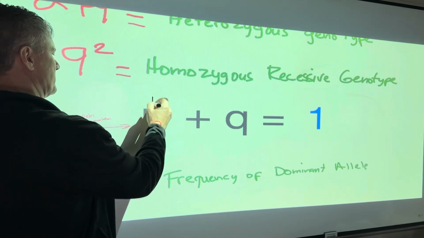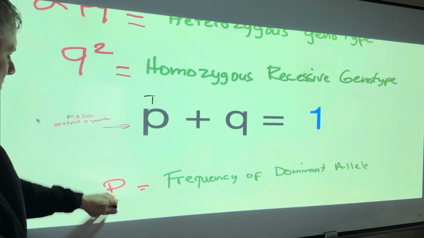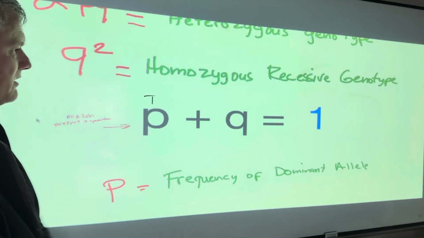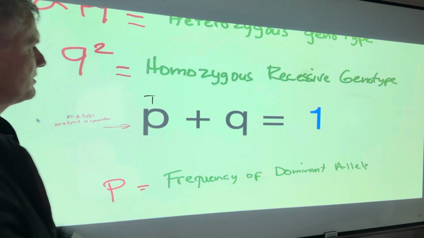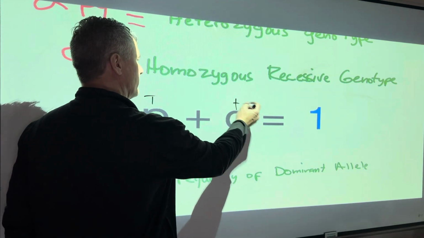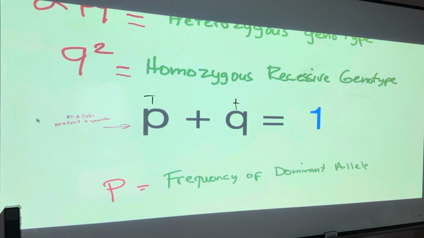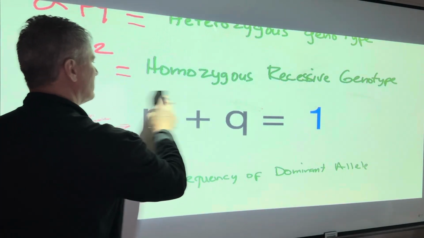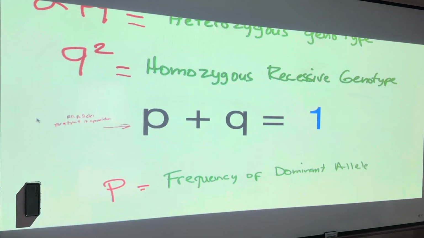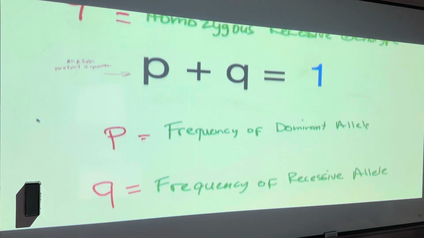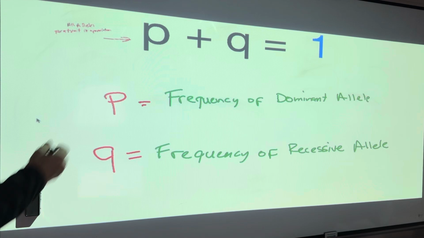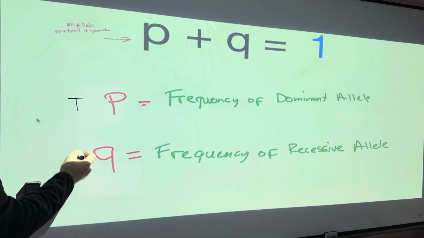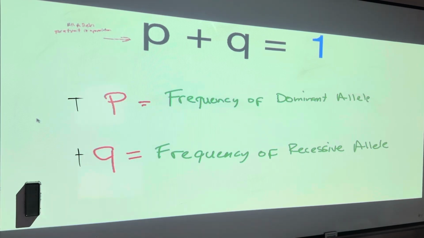P is going to be the frequency of the dominant allele in the population, so that capital T, and Q is going to be the recessive allele, the lowercase t. Again, we're setting you up pretty easy. Remember, P is always going to be the dominant trait, and Q is going to be the recessive trait.